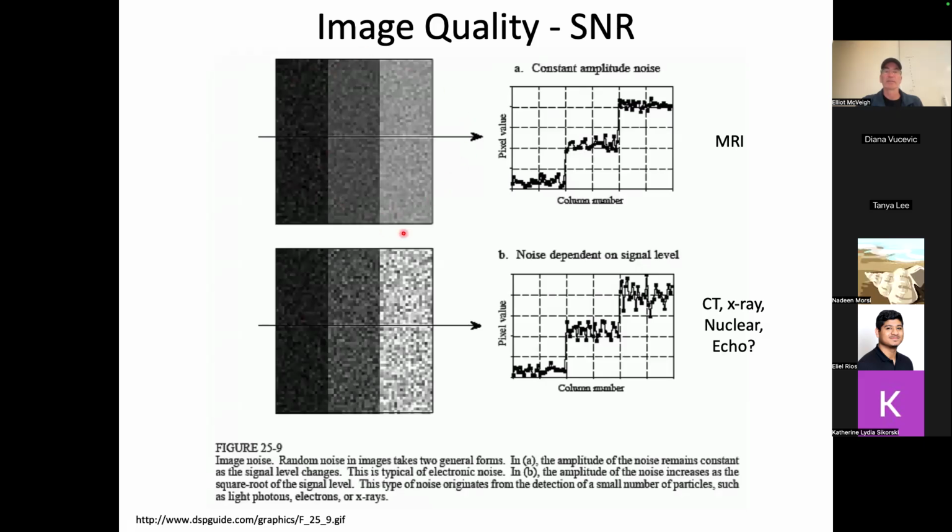Here, this shows there's differences in how noise appears in images between MRI and basically the rest of the scans that we're going to be looking at, which is nuclear medicine, PET, CT, and echo.